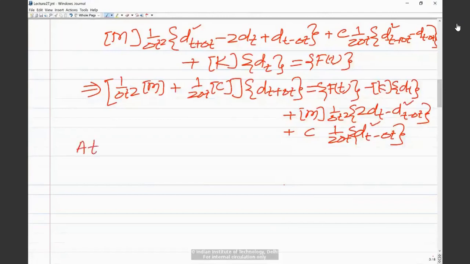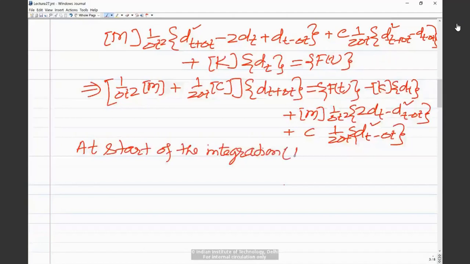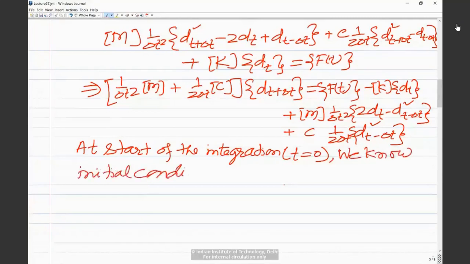So at the start of the integration, that is when we are considering the equation of motion at t equal to 0, we know the initial conditions. We will know d naught, that has to be given.